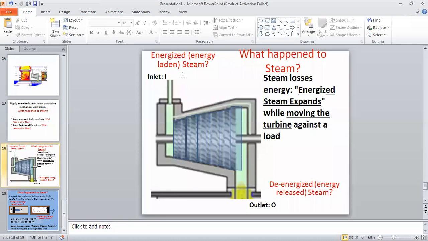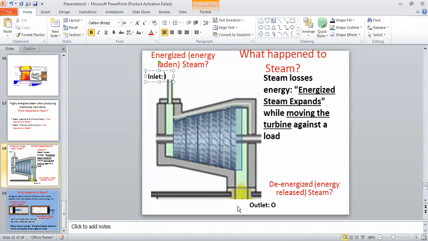Then what can you say about the pressure at inlet, let's say I, and outlet O? So there is a pressure drop. How about temperature? Temperature drop. Okay.